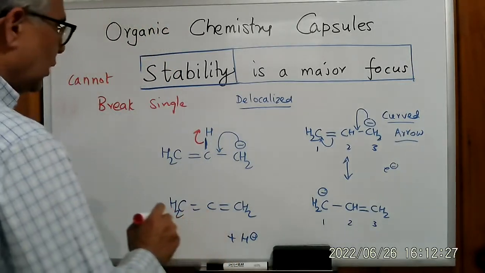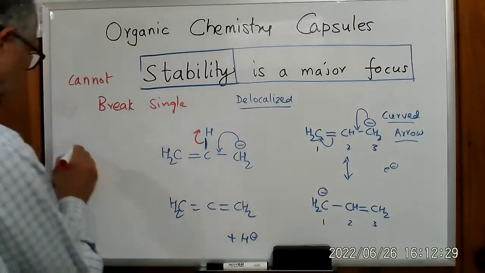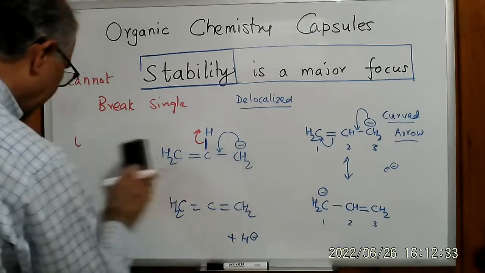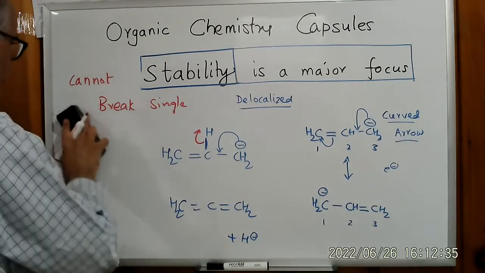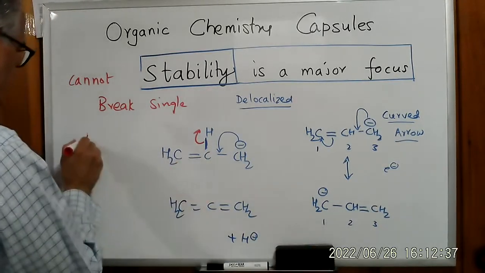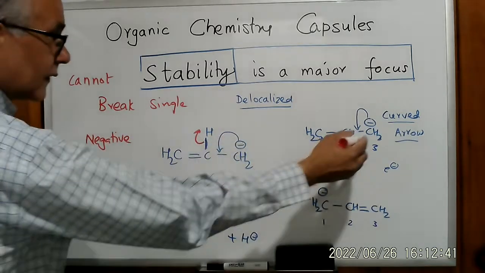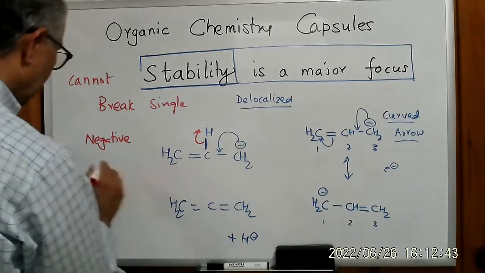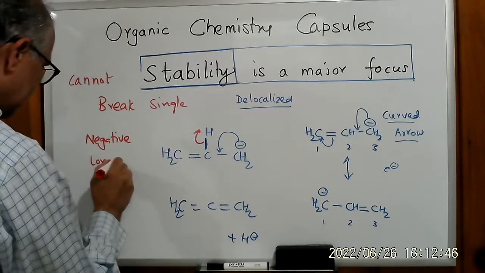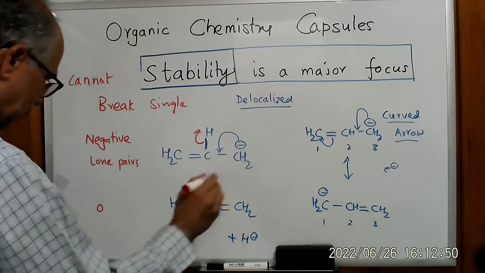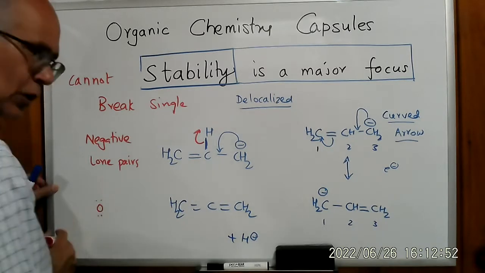Okay? You can move lone pairs. You can move electrons. You can move negative charges. When you are drawing resonance structures, you can move negative charges, and that's because those are electrons. Negative charge means 2 electrons there. You can move lone pairs. We'll see examples. For example, if there's oxygen in a molecule, oxygen will have like 2 lone pairs on it.